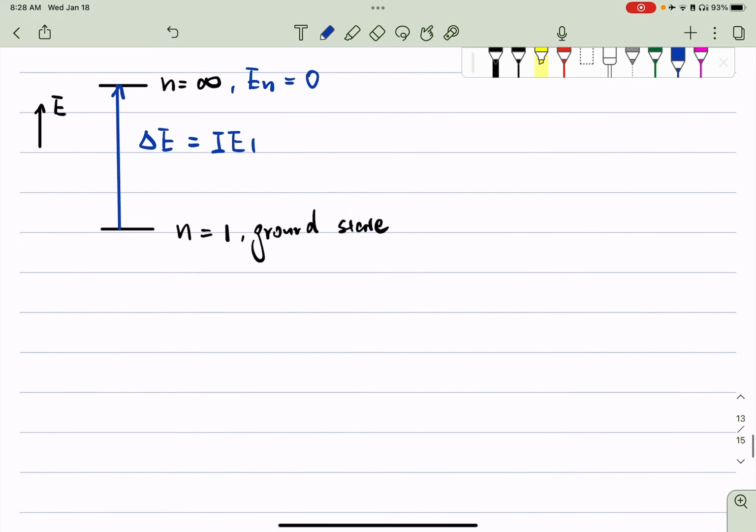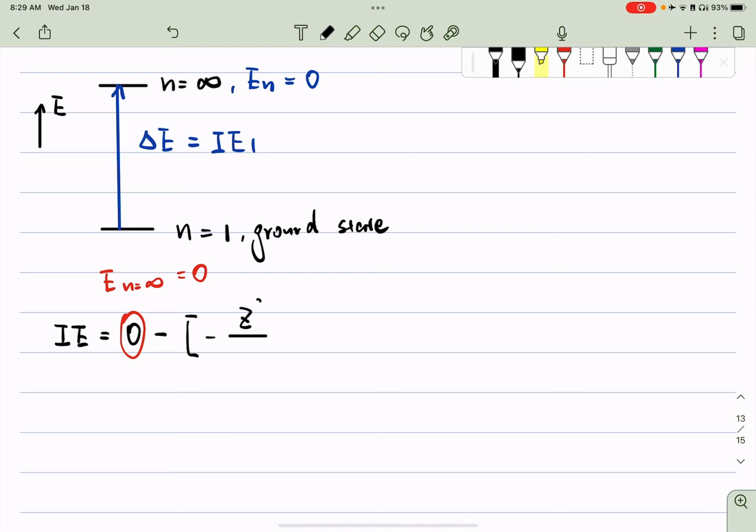And let's do the quick calculation here for the hydrogen atom ionization energy. We have ionization energy equals E at n equals infinity, which is 0, minus the ground state energy, which we can get from the Bohr model, and we can write it as 1 Rydberg per atom.